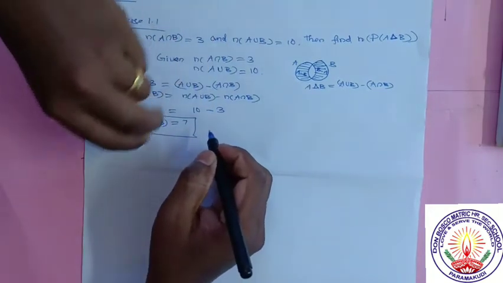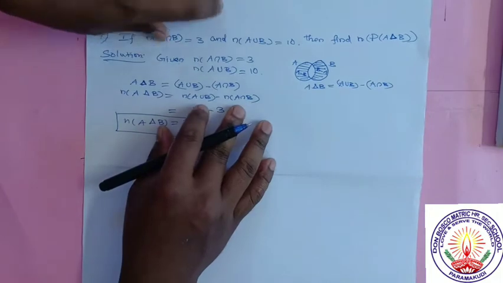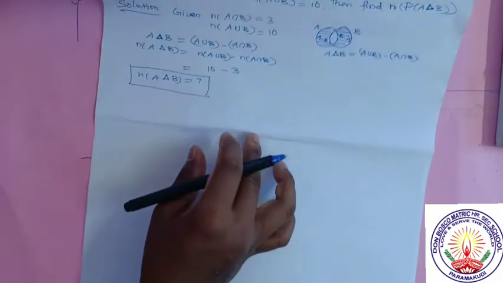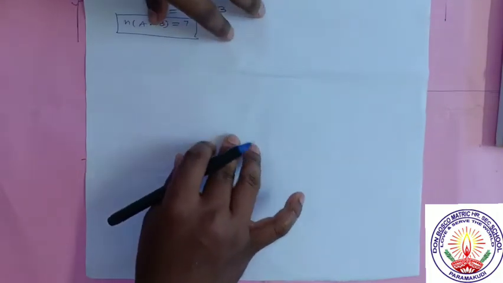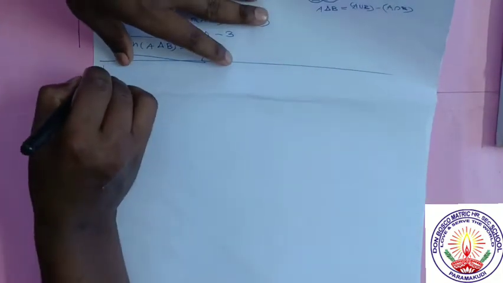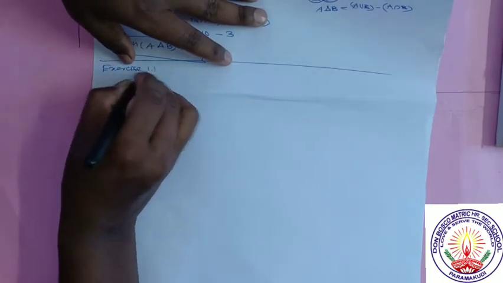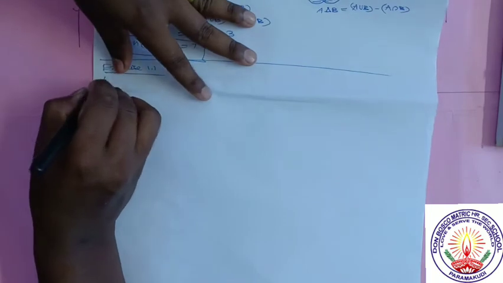So it is a very simple one. Like that we can solve question number 6 also. Question number 6, I have given as an exercise question. Exercise 1.1, problem number 6.